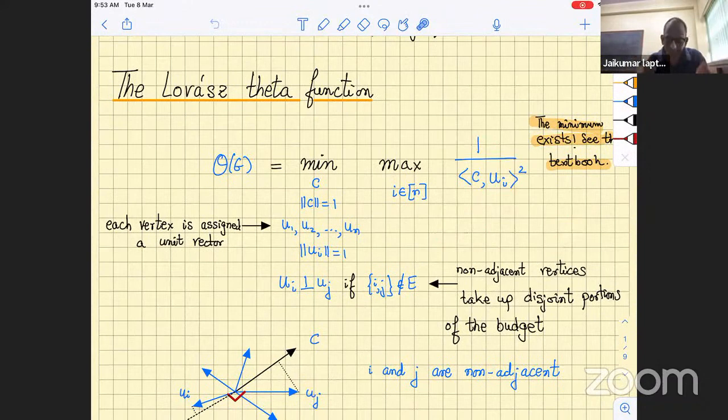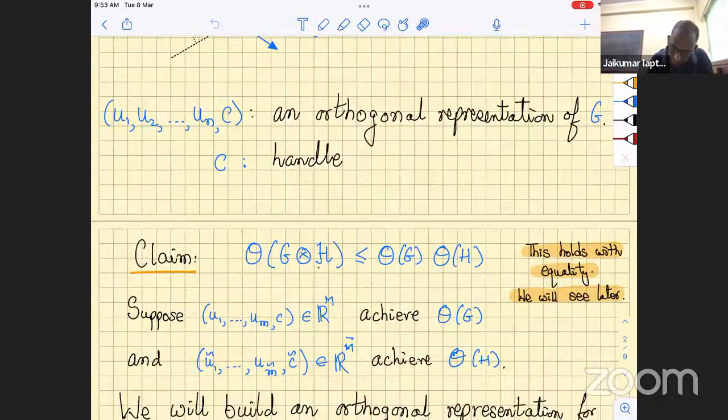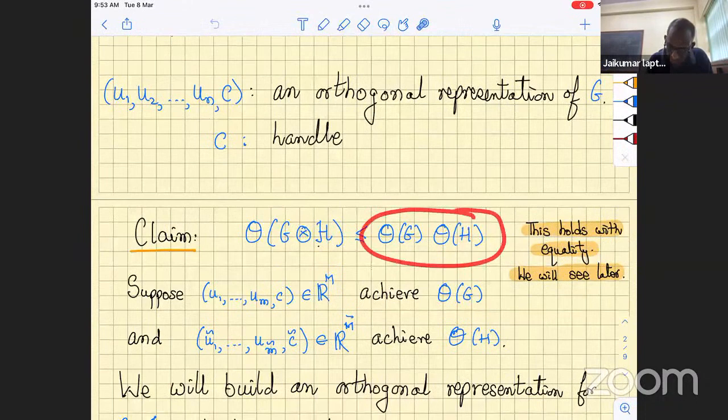So this particular realization, if we look at the objective function with respect to the new handle and the new vectors, you'll be able to bound it by this quantity.